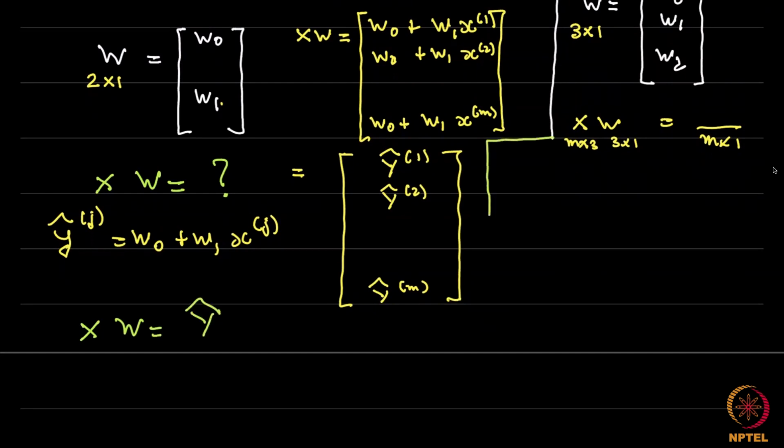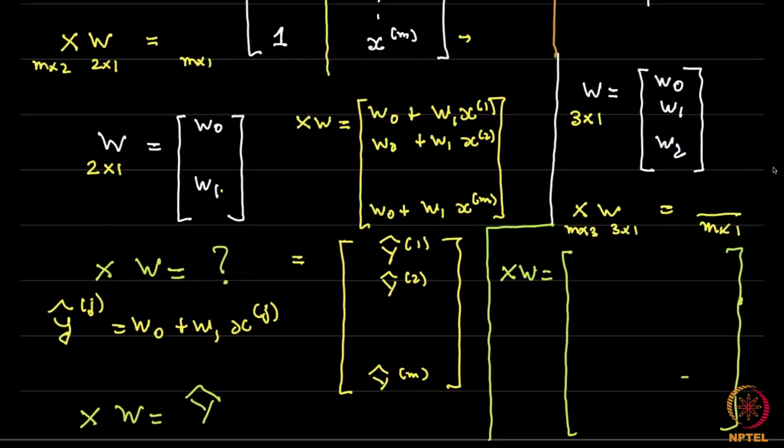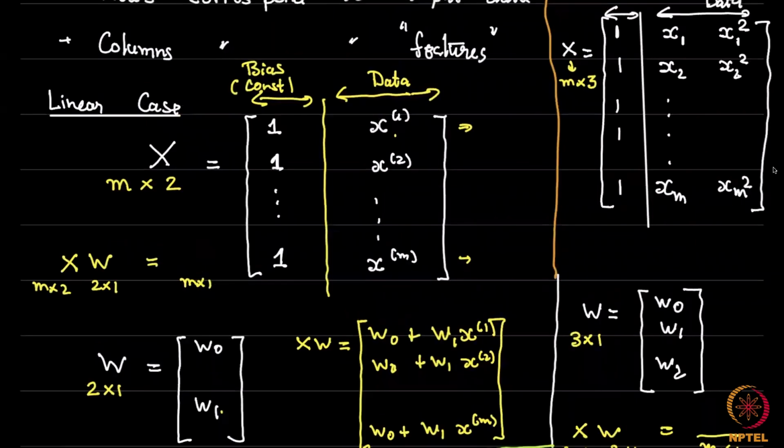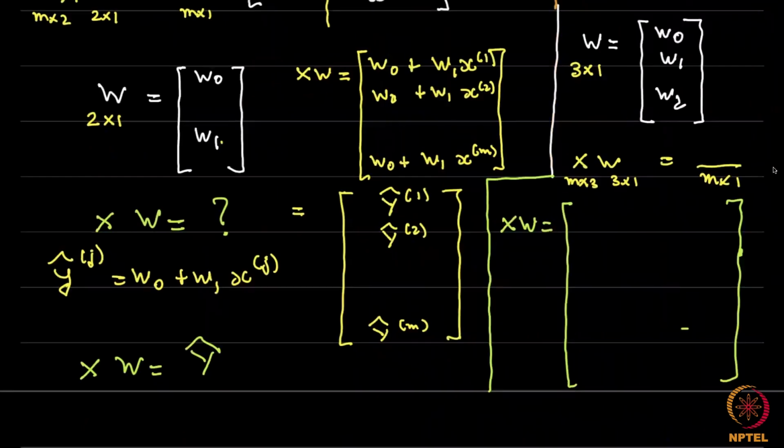Okay. Now, what about the quadratic case? We can again check XW. Now, let us notice what X is. 1 multiplying W0, plus X1 times W1, plus X1 square times W2, which is exactly W0 plus W1 X1 plus W2 X1 square.